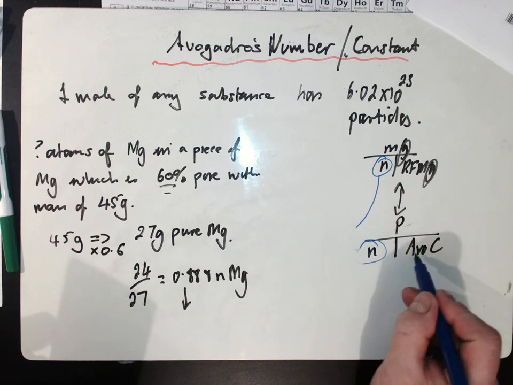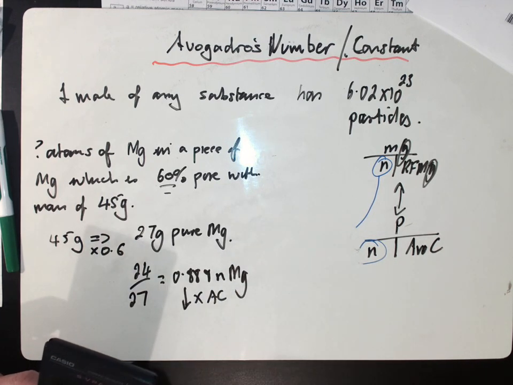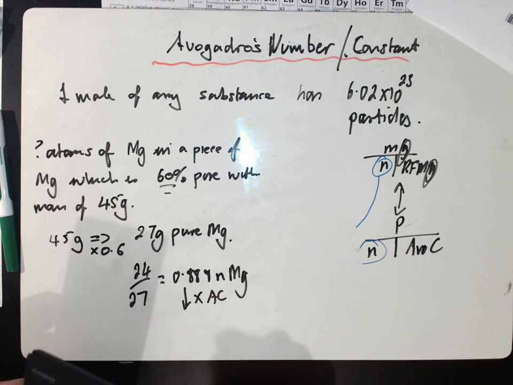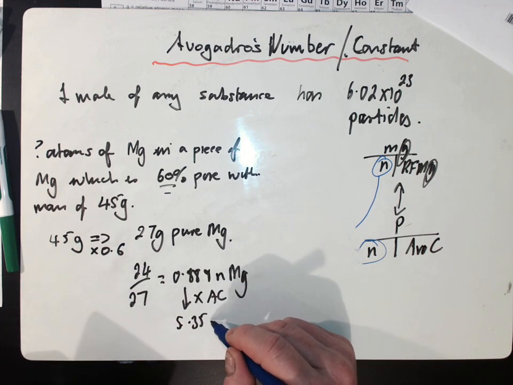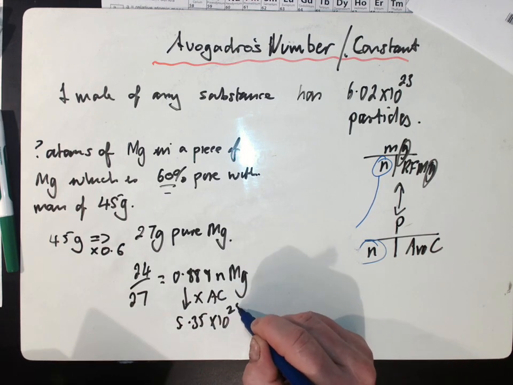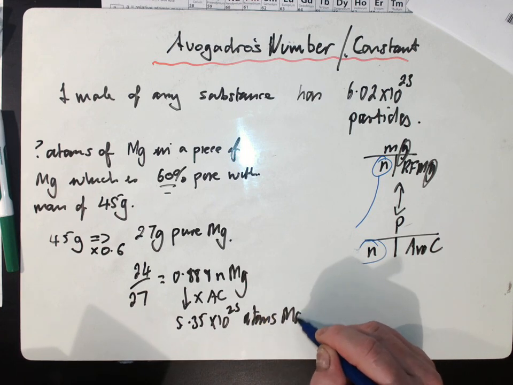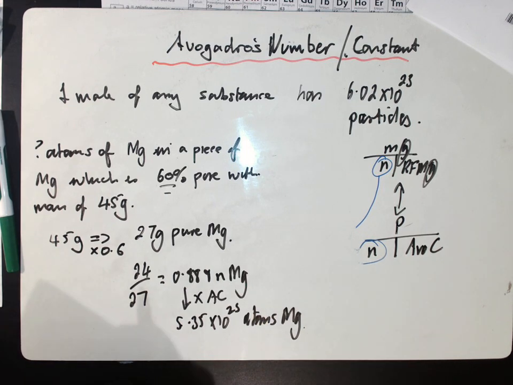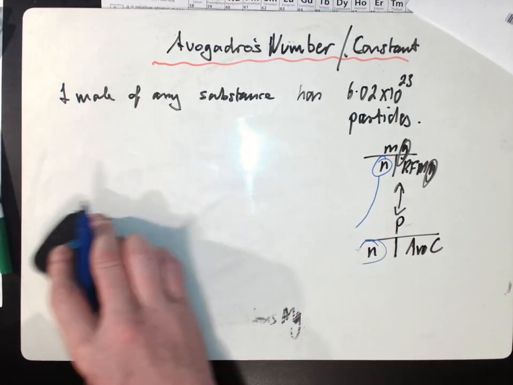Now we're in the moles, we take that and multiply it by Avogadro's constant. And that gives me very simply 5.35 times 10 to the 23 atoms of magnesium. So just a little extra twist in there, but nothing that should cause us too many difficulties, I don't think.